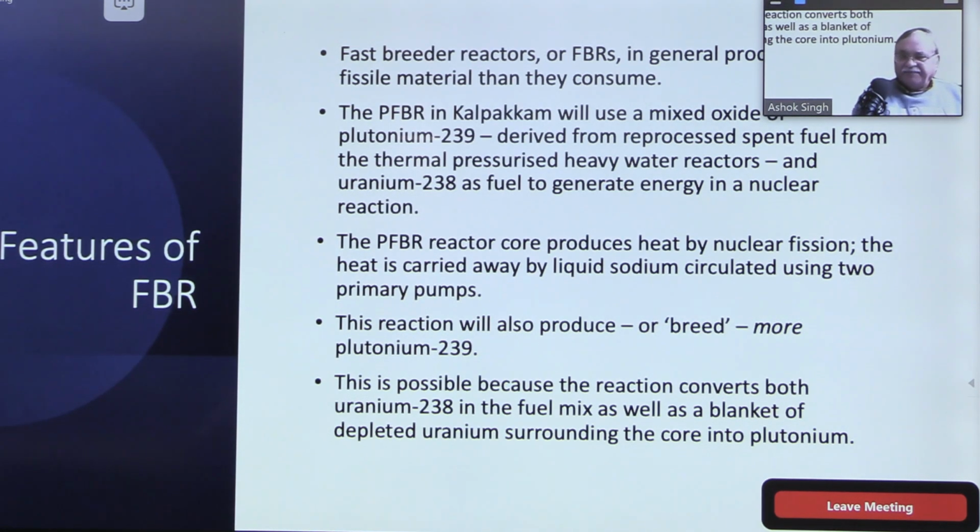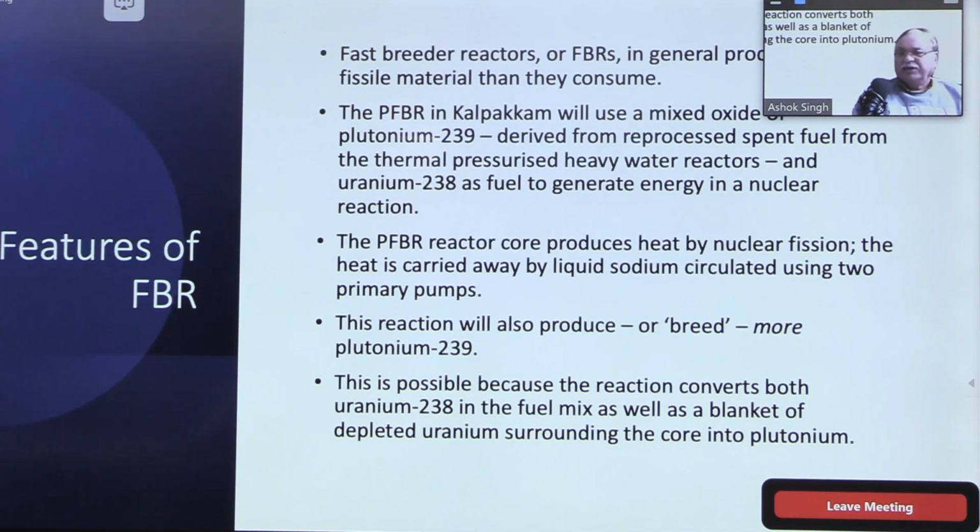And what mixed of what? Plutonium-239, this is obtained from the reprocessed spent fuel of the earlier PHWRs. And uranium-238, which is also left over from the earlier PHWRs.